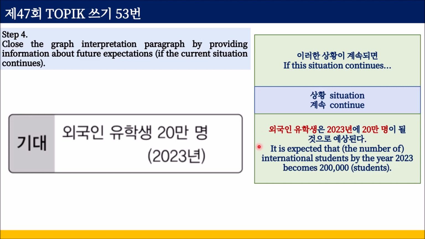It is expected that the number of international students by the year 2023 becomes 200,000 students. 되다 is to become, and 예상 is expectation.